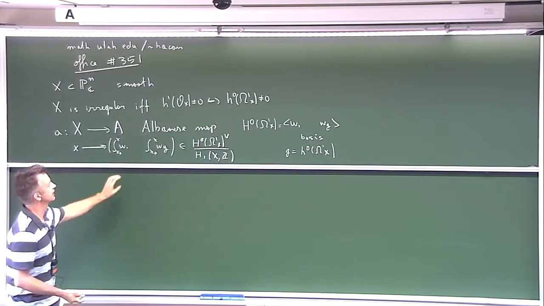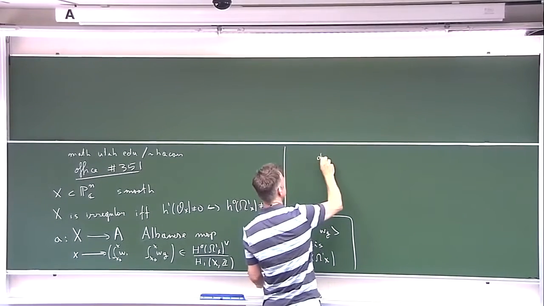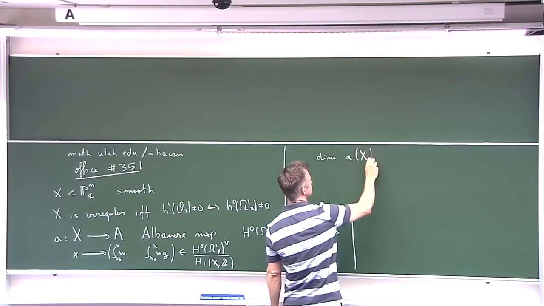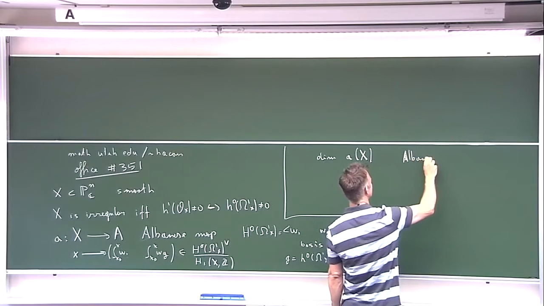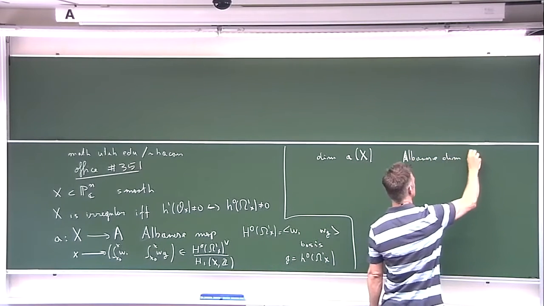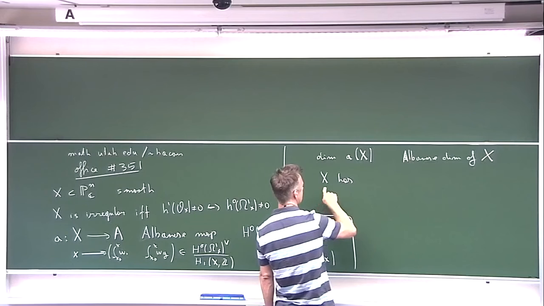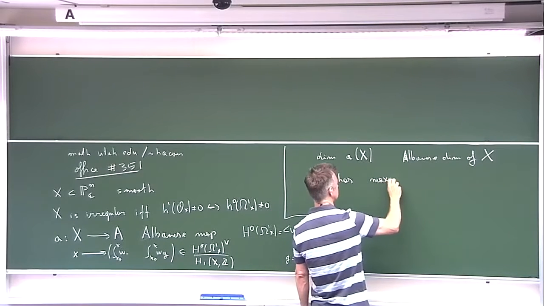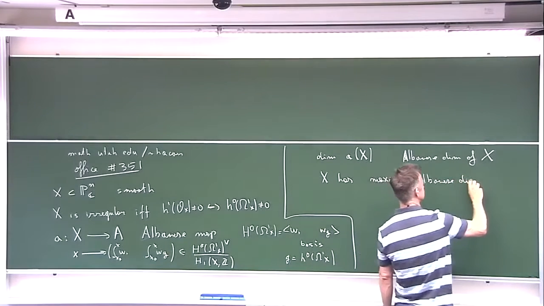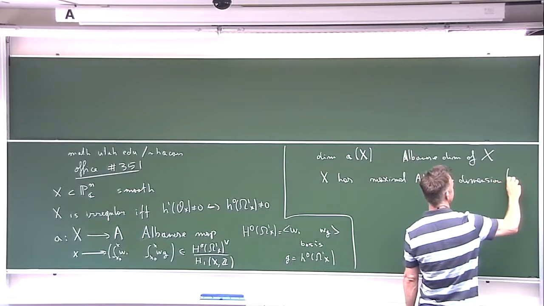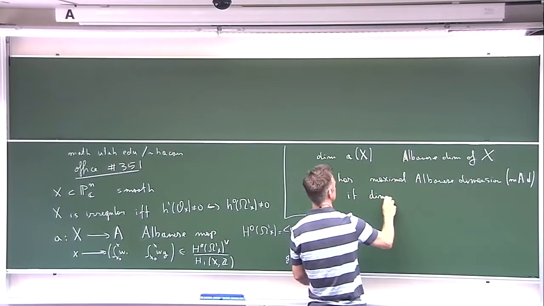Okay, and in terms of notation, let me set the dimension of the Albanese image of X. This will be known as the Albanese dimension of X. And I will say that, in the best case scenario, X has maximal Albanese dimension, if its Albanese dimension is actually equal to its dimension.